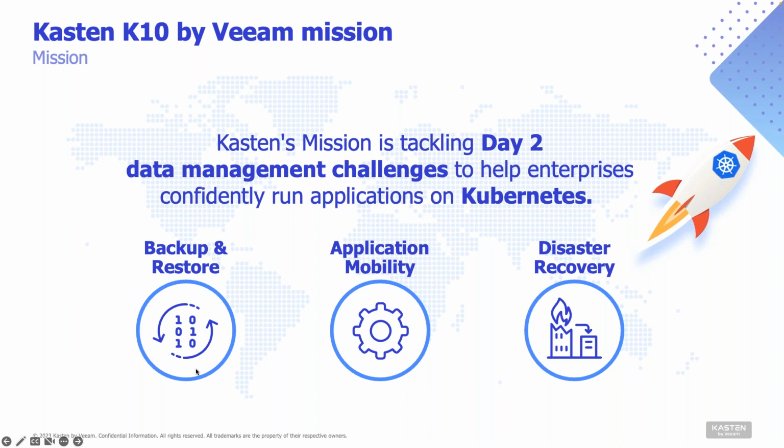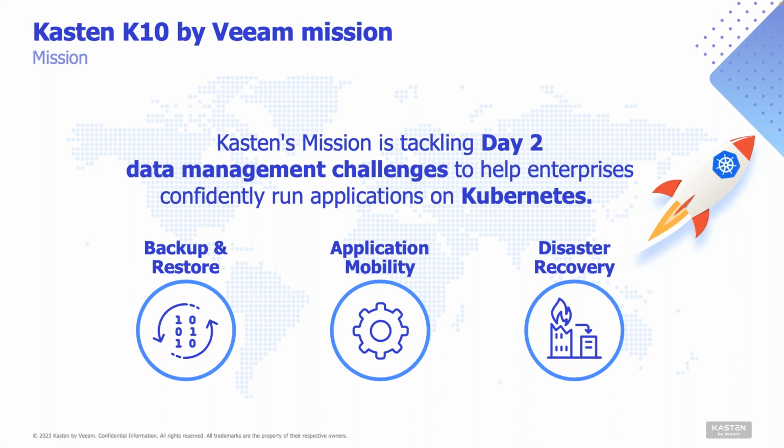In secondary, we have our application mobility right here. I believe this will be one of the biggest features that Kasten will deliver as more and more people adopt Kubernetes technology. What this allows us to do is move our stateful workloads from one Kubernetes cluster to another. So it can be something like OpenShift to Tanzu to EKS, right, and then back to OpenShift itself, or the other way around.